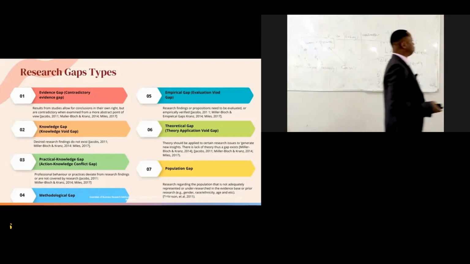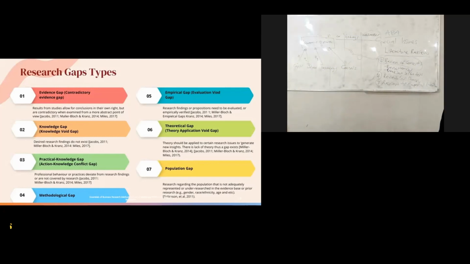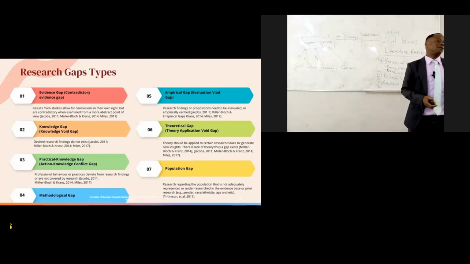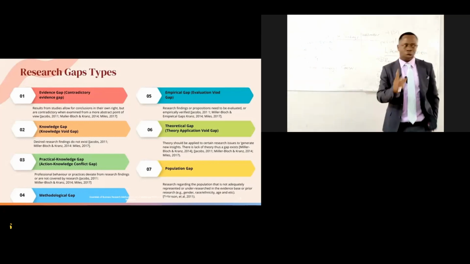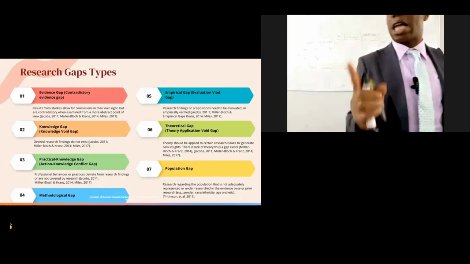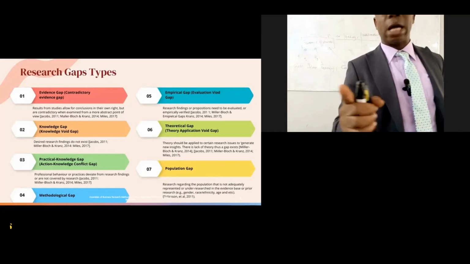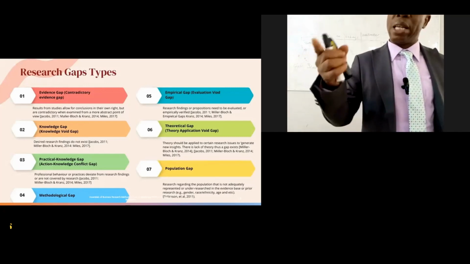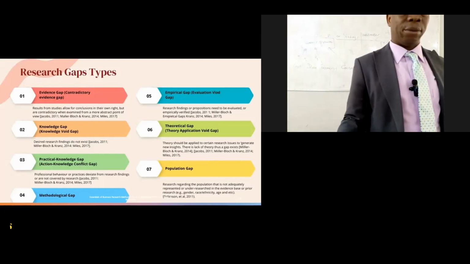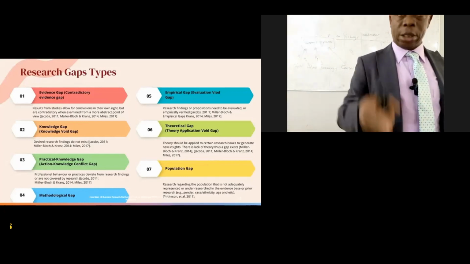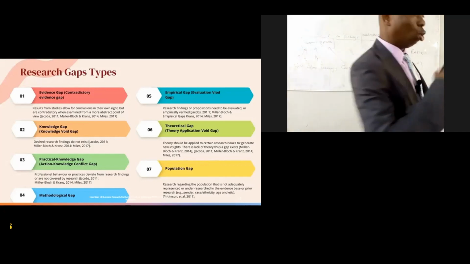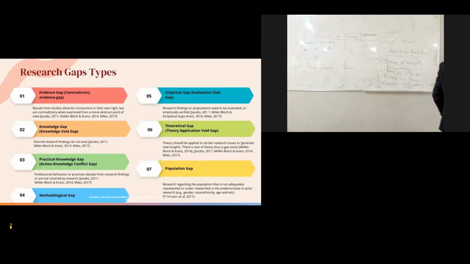Or sometimes it may relate to a theory, and that's where theory gap comes in. Theory gap can relate to, one, the non-existence of a theory which you want to create. Two, it can be that there's a theory, but that theory hasn't been tested in a particular location or environment, so you want to test it. So you can apply that theory.